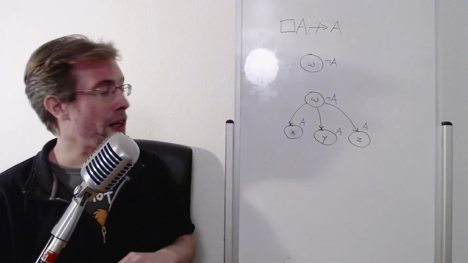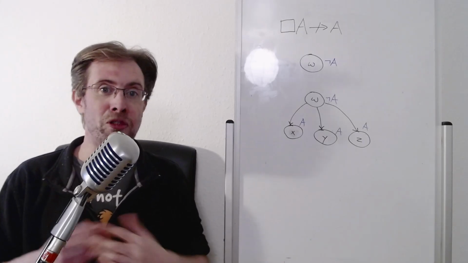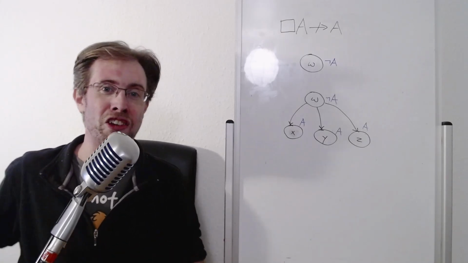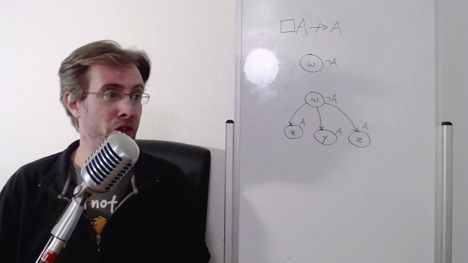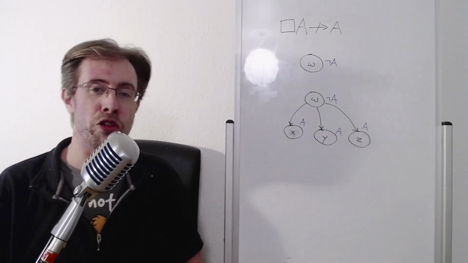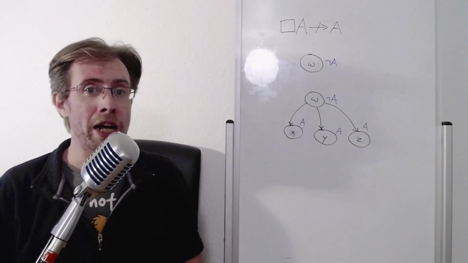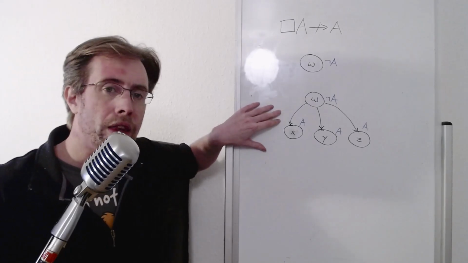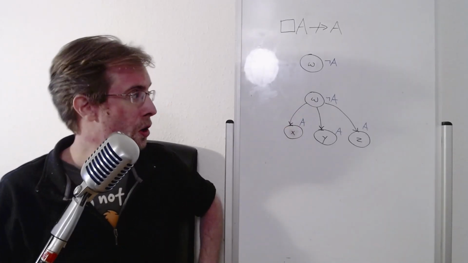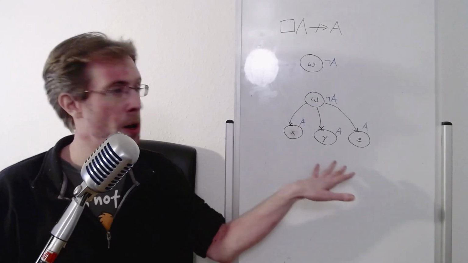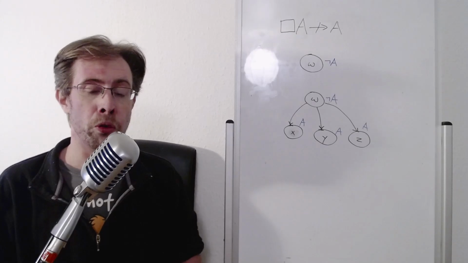In that case, box A is true for the empty reason that all states accessible from W have the property A, simply because there are no accessible states, and A itself is not true at the world W. The second kind of counterexample is this one, where again you have a state W where A is not true, and you do have some worlds accessible from W, and A happens to hold at all of those.